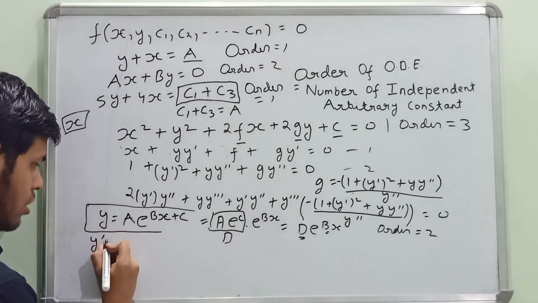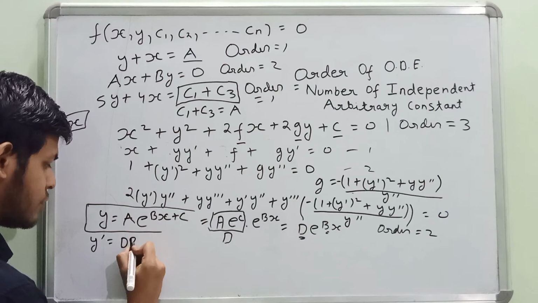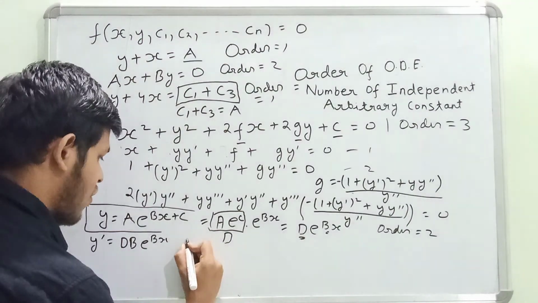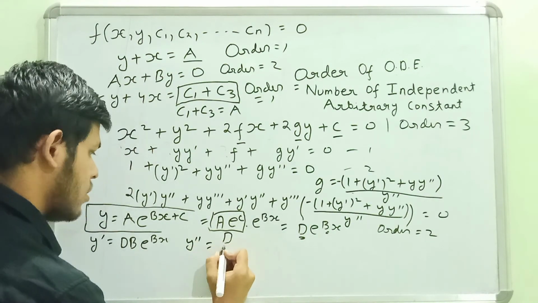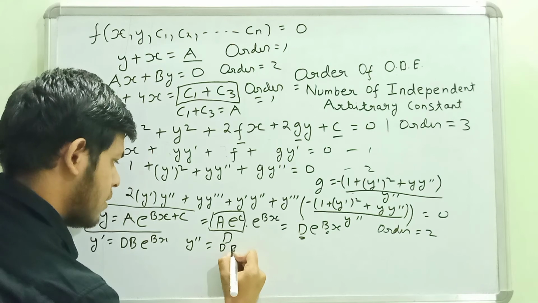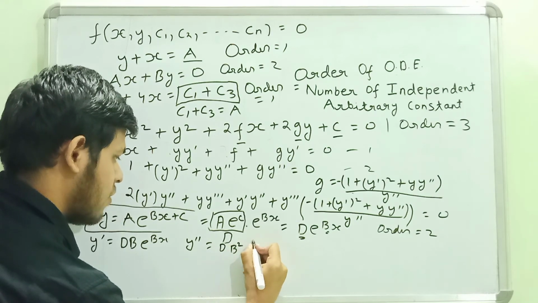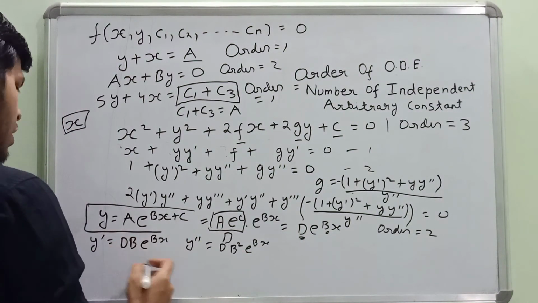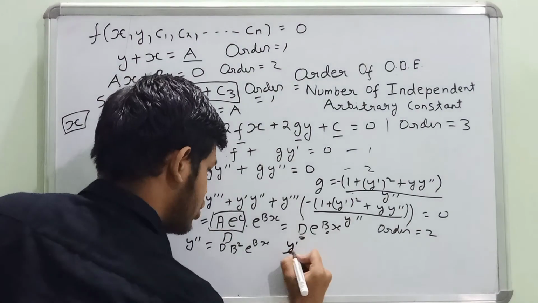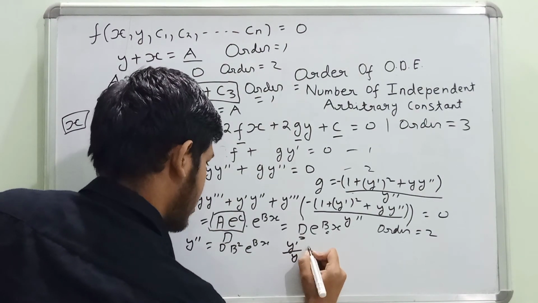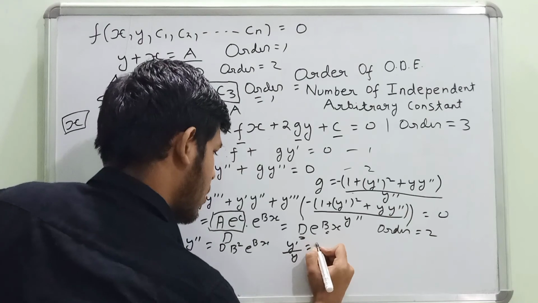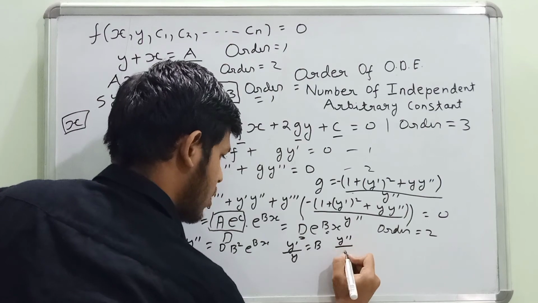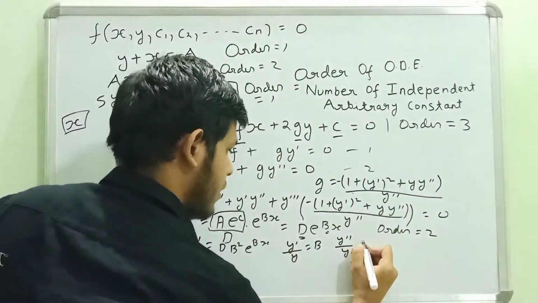y dash is equal to d b e to the power bx. y double dash is d b square e to the power bx. So we can see that y dash upon y is equal to b, and y double dash upon y dash is also b.